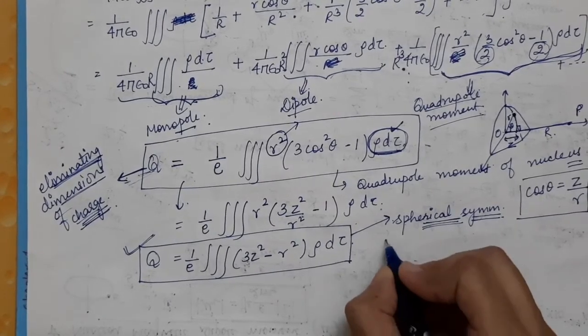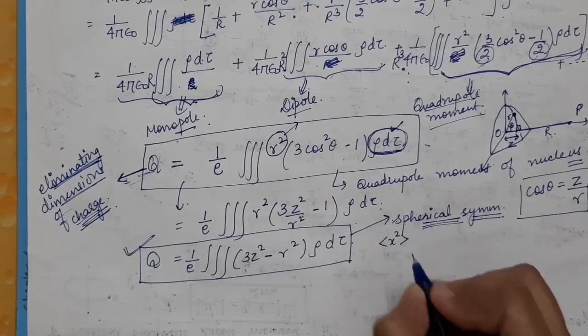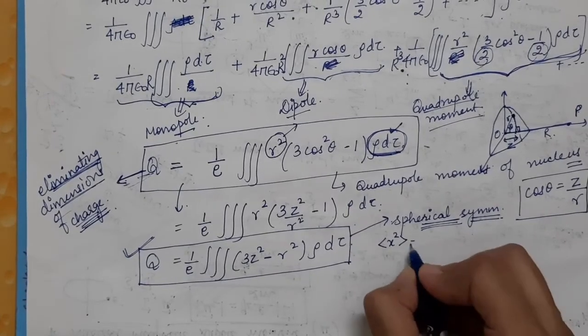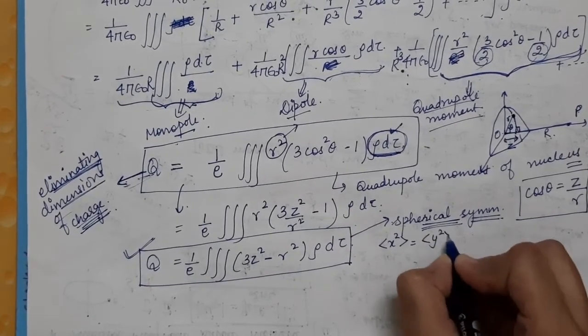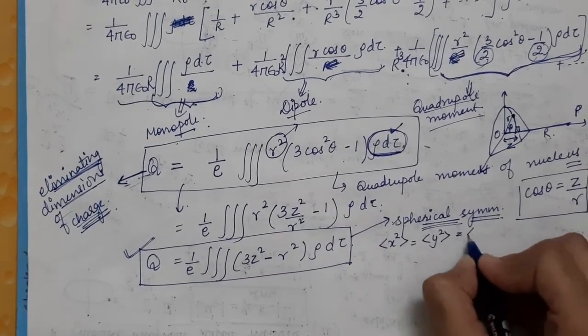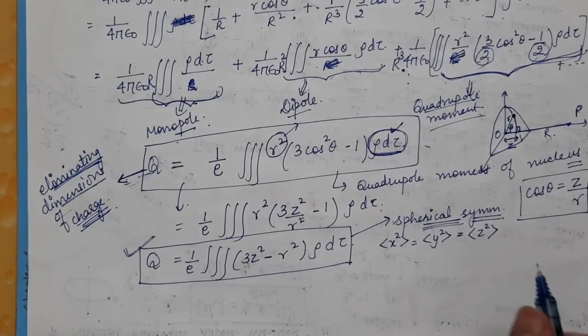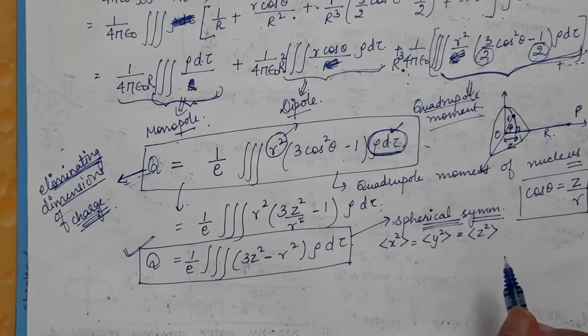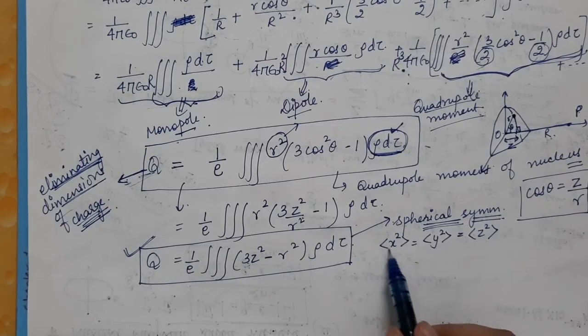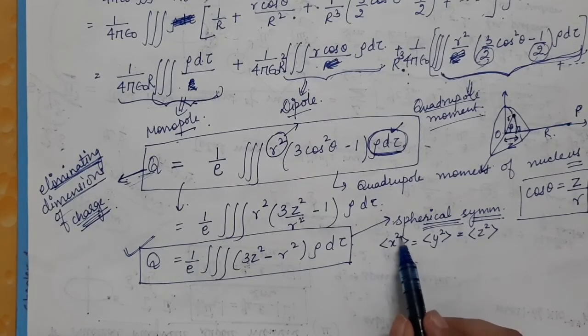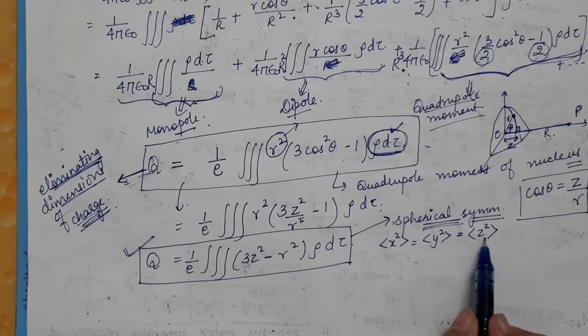So in that case, the average of x square will be equal to the average of y square, and that will be equal to the average of z square, since x, y and z are the coordinates of a particular point inside the nucleus.